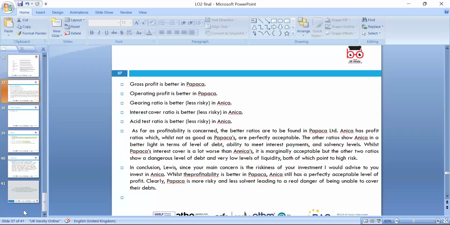Anika is less risky. The difference in profit is very low, but maybe in the following years, because they borrow more money and have fewer assets, ultimately this leads to more risk. The return relative to the risk is less, so we suggest Anika is the better option for investing, rather than Paprika.